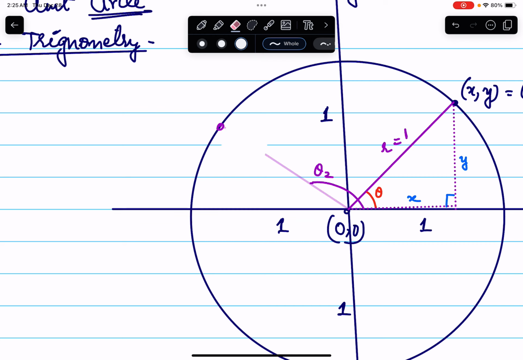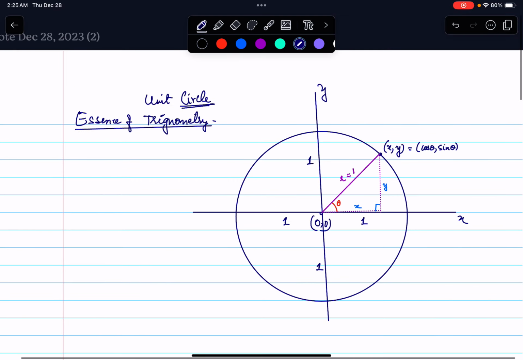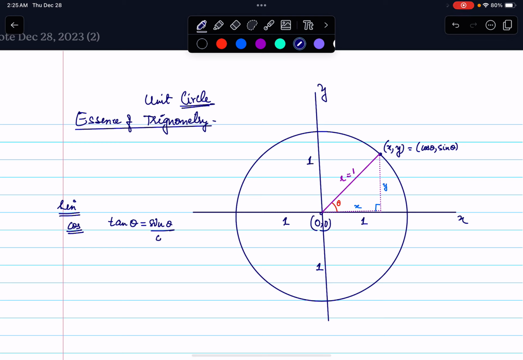Now, the interesting thing to note over here is that we can look at the different functions, right? You have learned about the sine function, cosine function, and then you would have also seen that tan of theta is sine of theta by cosine of theta, right?